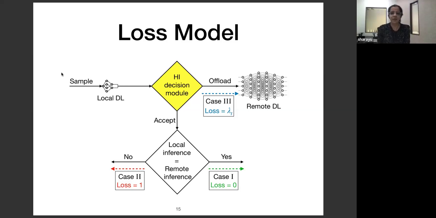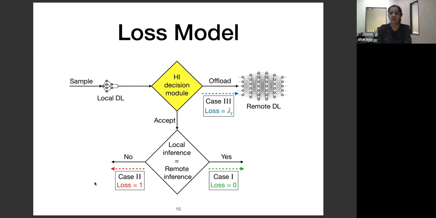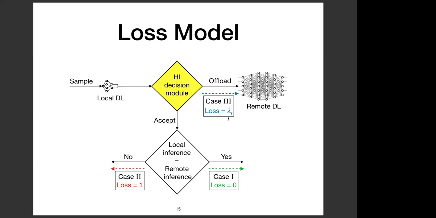I just pulled up my slide on the loss model. So here, there are three possible cases. Case 1 and 2 are when you accept. And the way we've modeled the cost the system incurs for offloading, which is sending to the remote model, is that every time we offload, we incur a cost lambda t, which can vary over time.